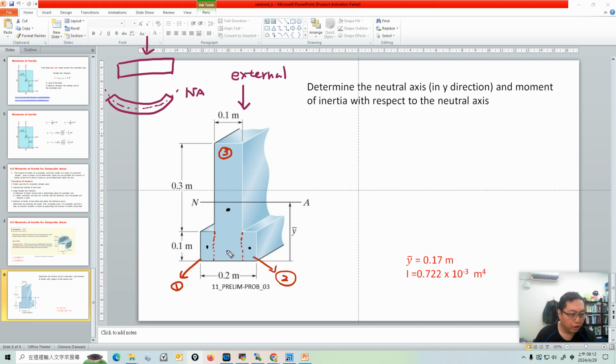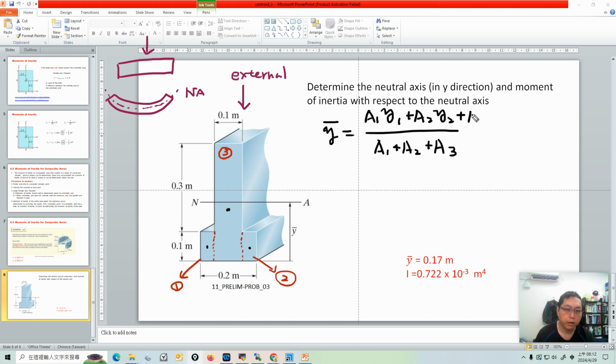So what's the centroid of this area in the y direction? The denominator is A1 plus A2 plus A3, the areas of each simple shape, and the numerator is A1 y1 plus A2 y2 plus A3 y3.